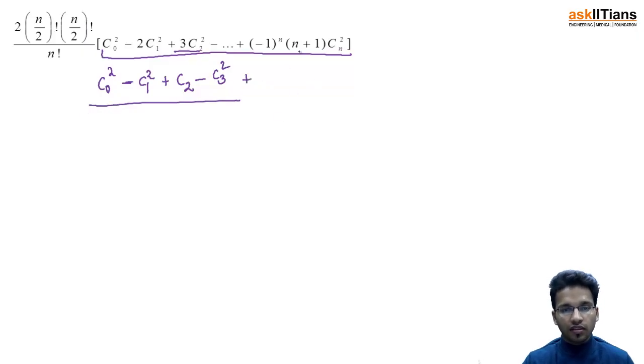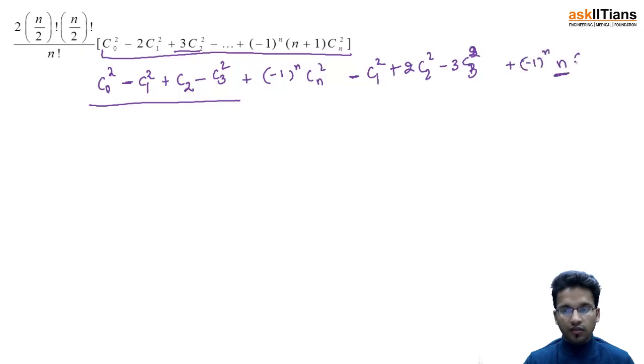So what will be the last term? I'm just taking the 1 out of everything, cn square. I'll tell you the logic also, why I'm doing this. Now this will be minus c1 square, next will be plus 2c2 square, next will be minus 3c3 square, and last one will be plus minus 1 raised to power n, and this n is quite crucial here.